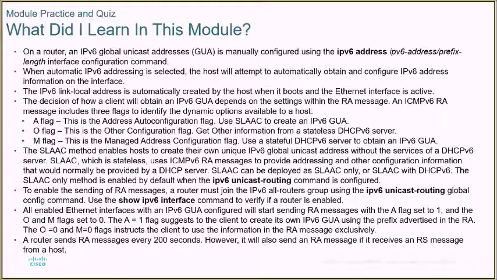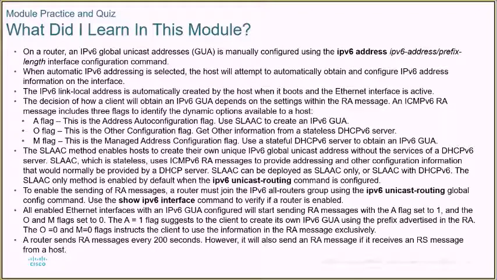The SLAAC only method is enabled by default when IPv6 unicast routing is configured. To enable the sending of RA messages, the router must have that command entered, and you can use the show IPv6 interface command to verify that it's working.